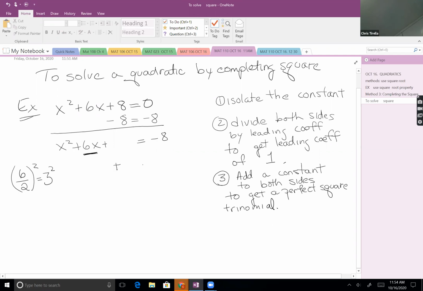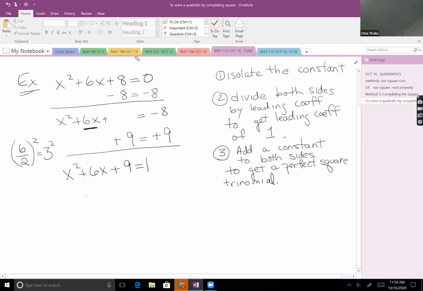So I'm going to add 9 to both sides. And so we'll write that as x plus 3 squared equals 1.